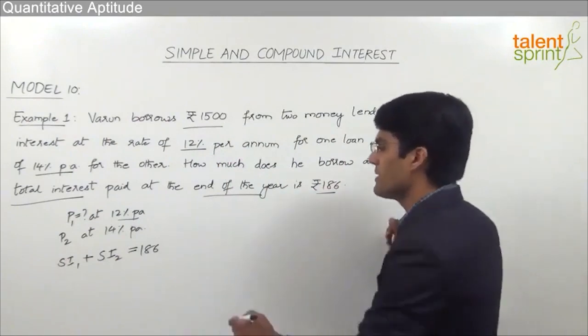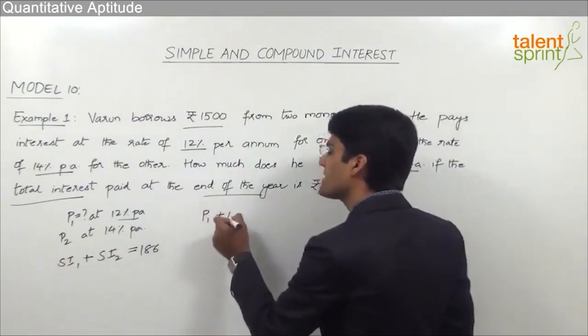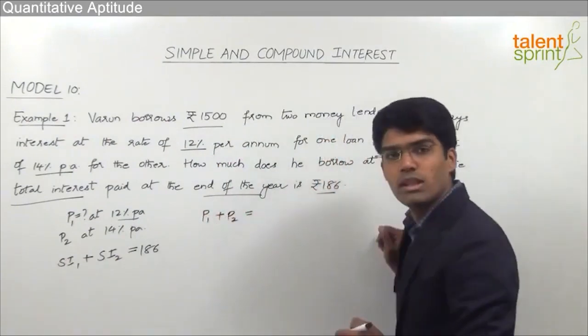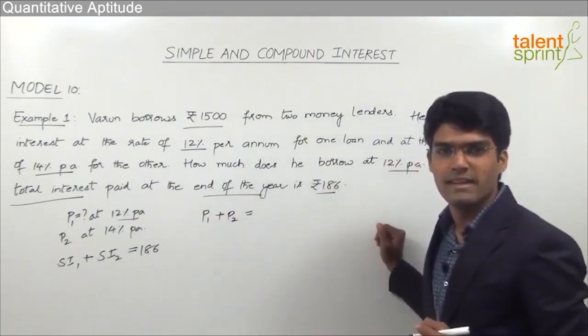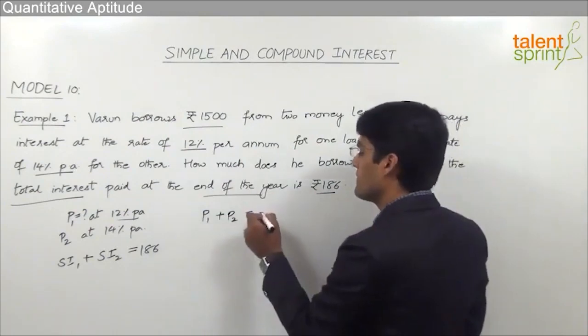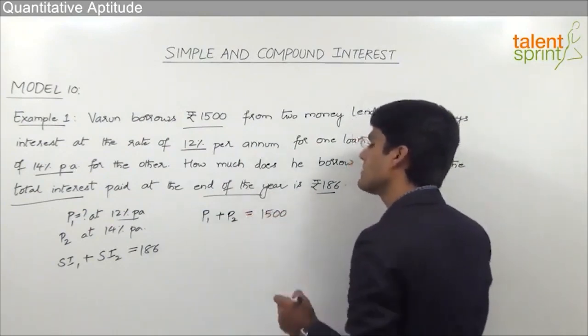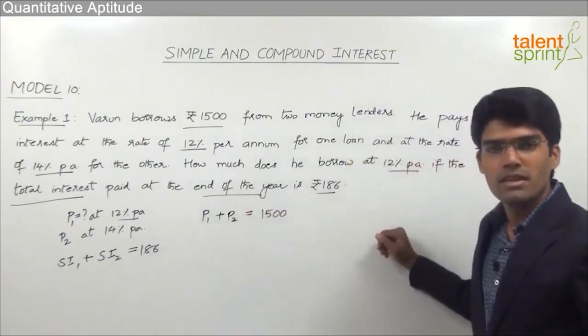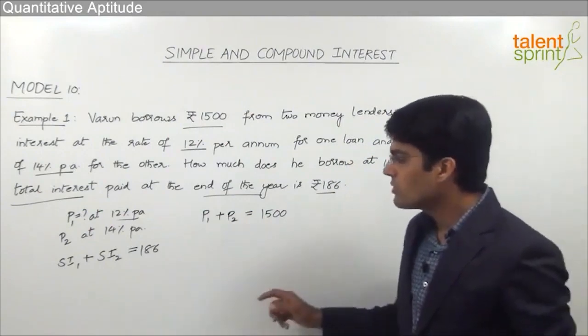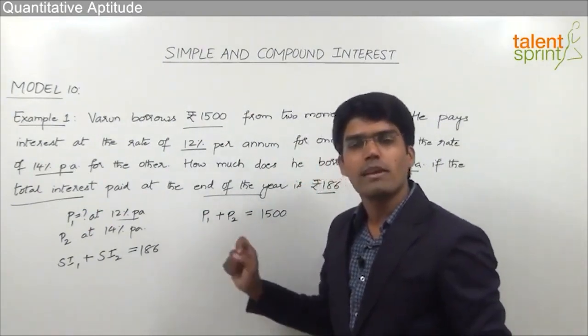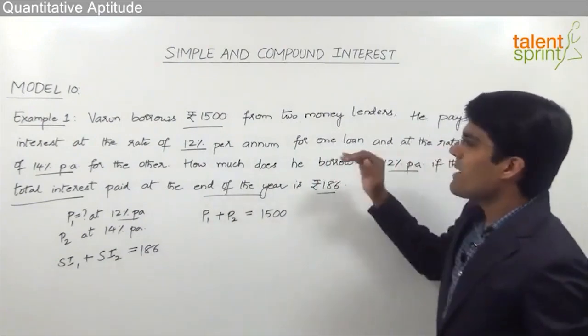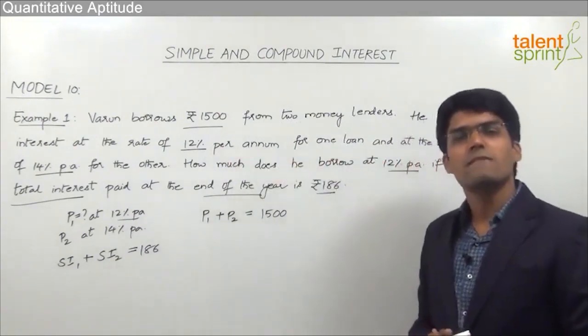So from the given question, we know that P1 plus P2, that means the total of both the loans, the principal amount from first lender and the principal amount from the second lender, totally amounts to 1500 rupees. So the total principal amount P1 + P2 is 1500. And we also know that simple interest from first one plus simple interest from second one is 186. Now, the first amount has been borrowed at the rate of 12% per annum.